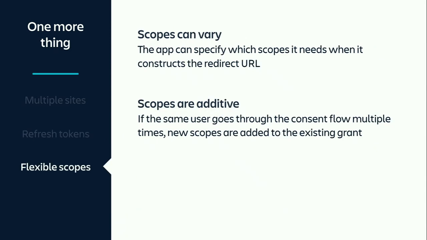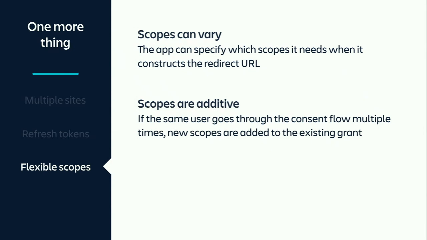Scopes can be flexible, so like I mentioned, different sites can have different scopes if the app hasn't been asking for all the scopes for all the sites all the time. Also, something to know is that the scopes are additive. So if you send the same user through the consent flow again, we'll just keep on adding new scopes.